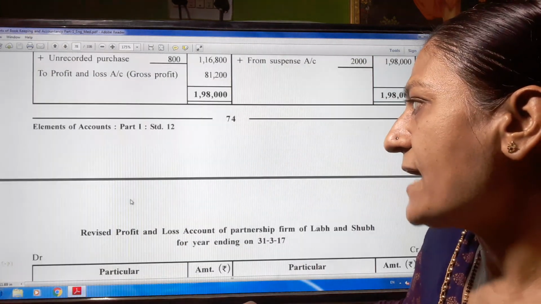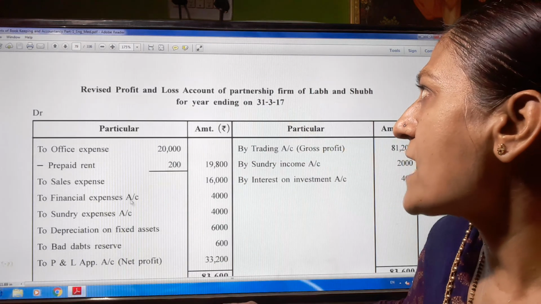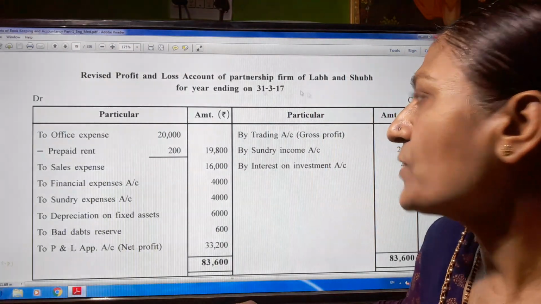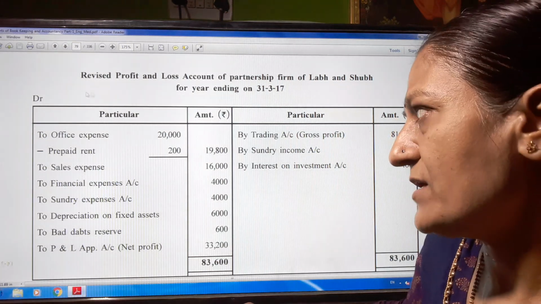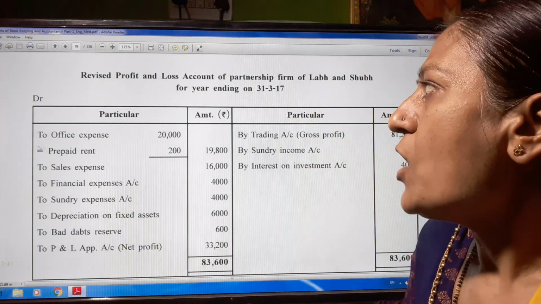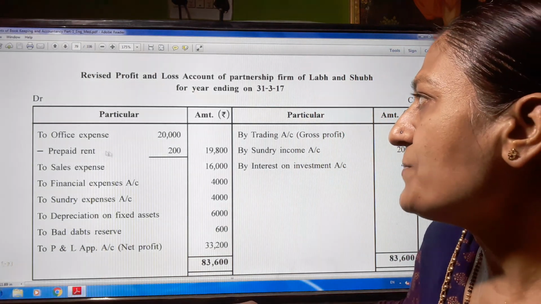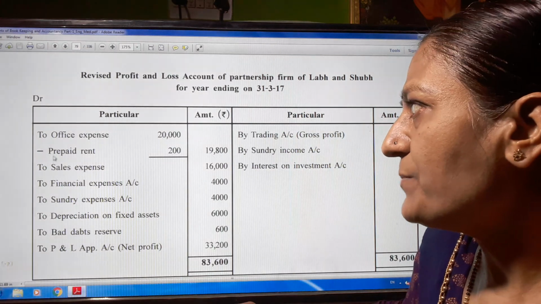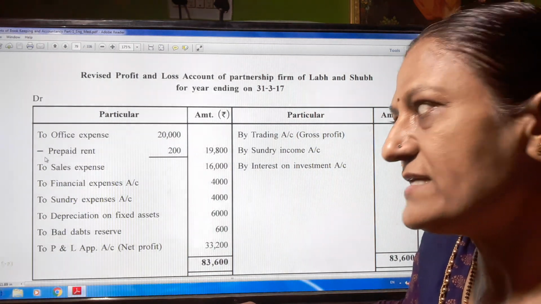So let us start. Revised profit and loss account of partnership firm of Labh and Subh for year ending on 31st March 2017. Debit side particular amount, credit side particular amount. Office expense 20,000 minus prepaid rent 200, outer column 19,800. Prepaid always minus, outstanding always plus.